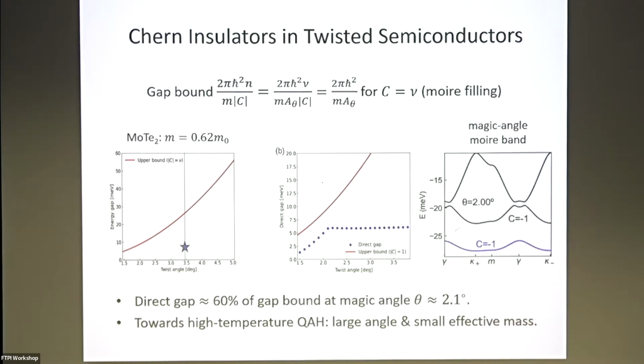This is related to what people call ideal quantum geometry in the literature. That's number one. And second, even when the quantum geometry is ideal, even when the quantum weight equals the number, the optical absorption generally occurs over a finite frequency range, not just at a single frequency. So to saturate this bound, you need both conditions: the ideal quantum geometry and single frequency absorption.